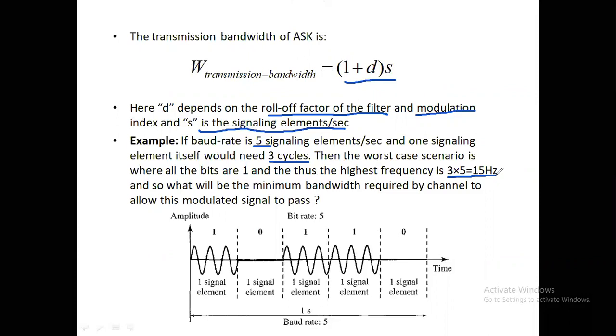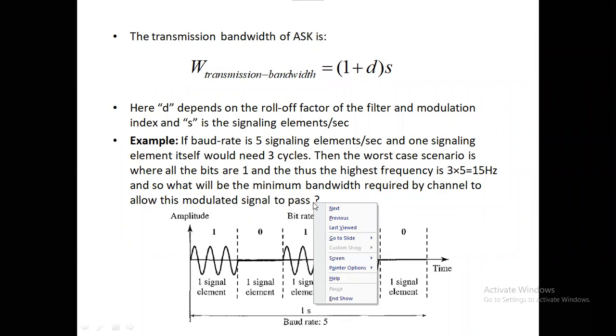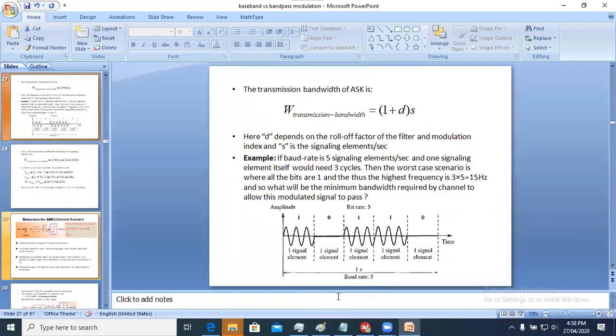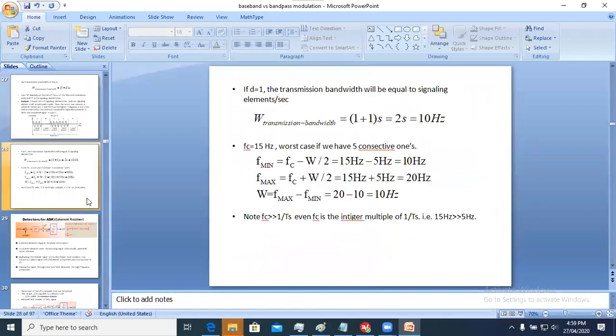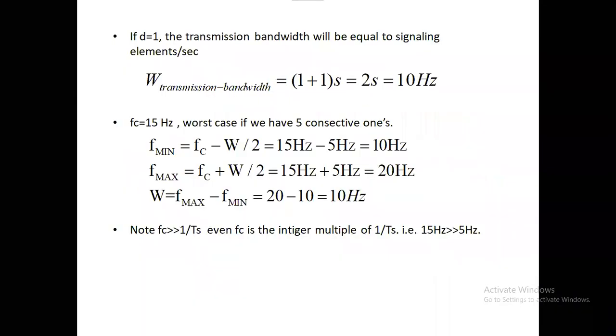So the transmission bandwidth required here is, in fact, 1 plus D is equal to 1, and that is 2S, and that is 10 hertz.